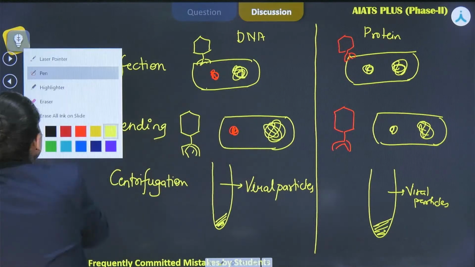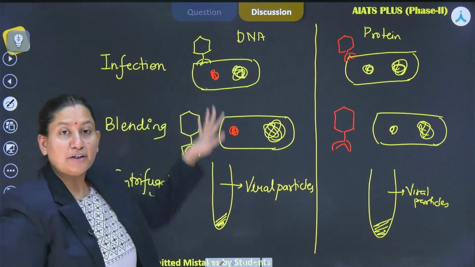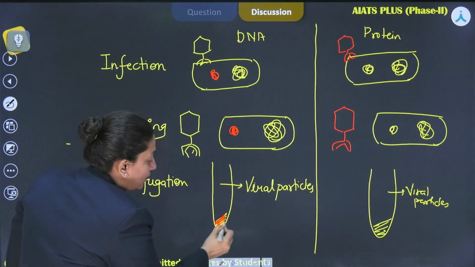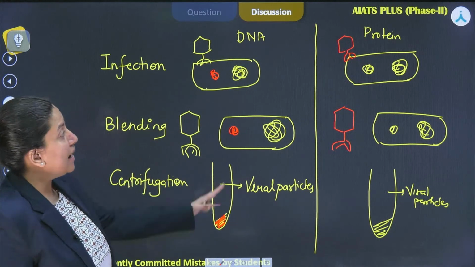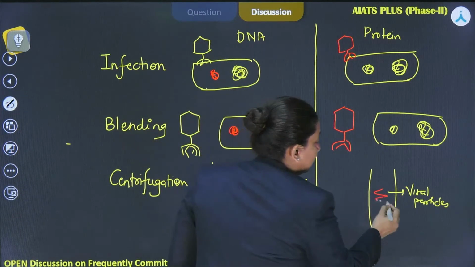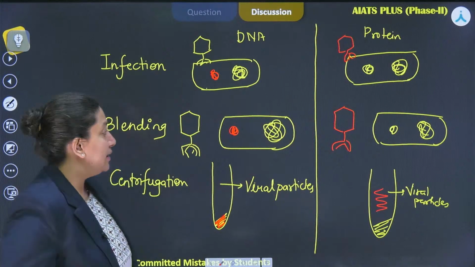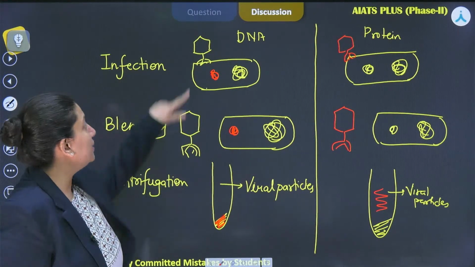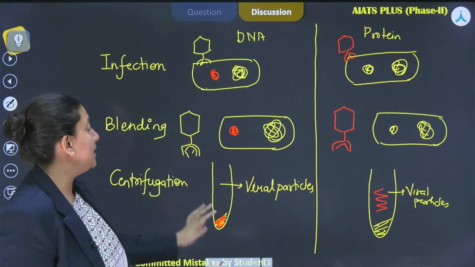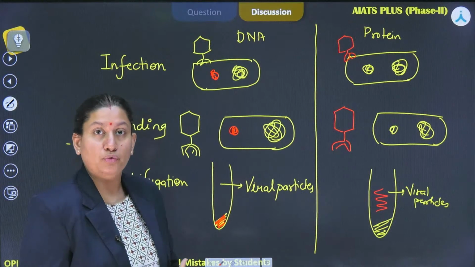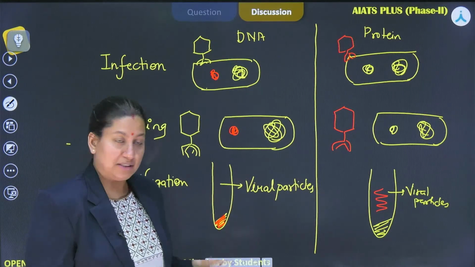Now, what they have observed is that in the case where DNA is labeled, the radioactivity is found in the pellet. But in the case where the protein is labeled, the radioactivity is found in the supernatant, right. So, we know that what has traveled to the bacteria in the pellet? It's the DNA molecule, right. So, this is how they distinguished and provided an unequivocal proof that DNA is the genetic material, right.